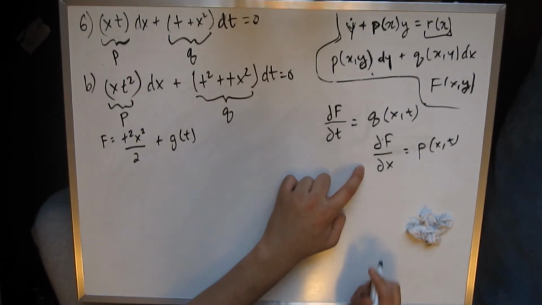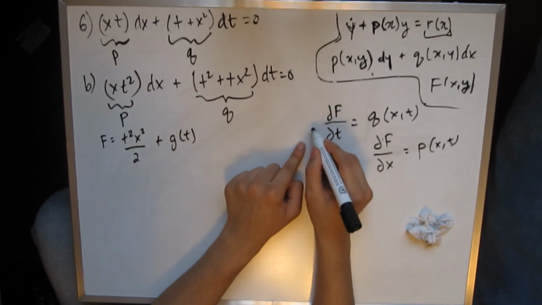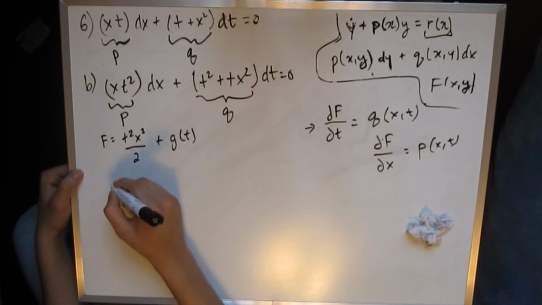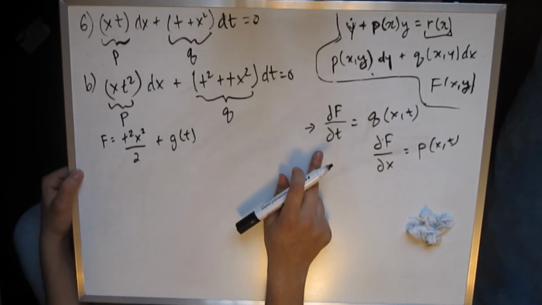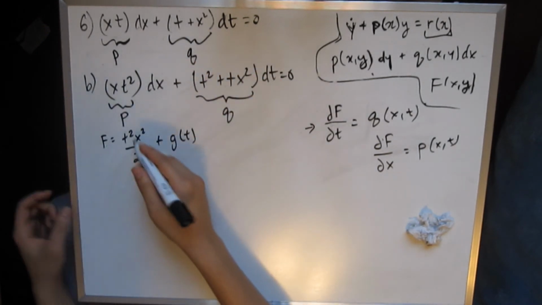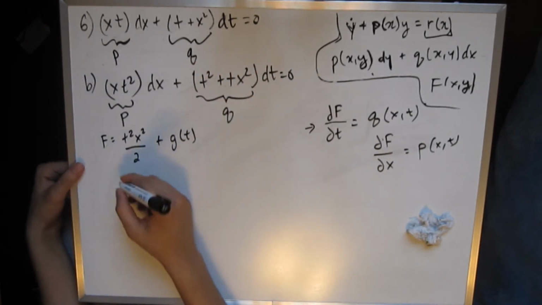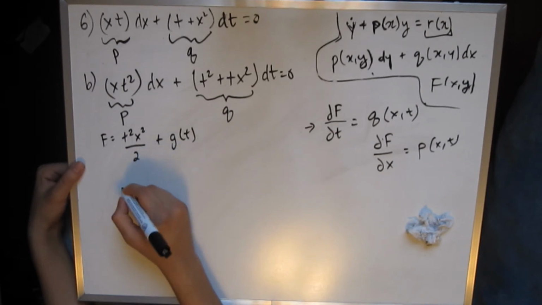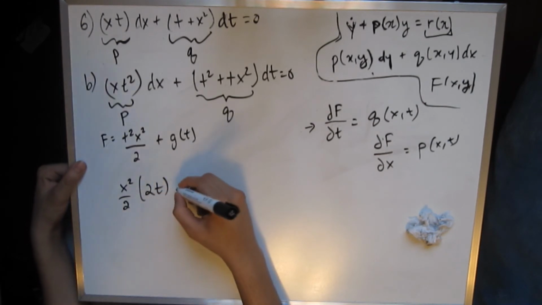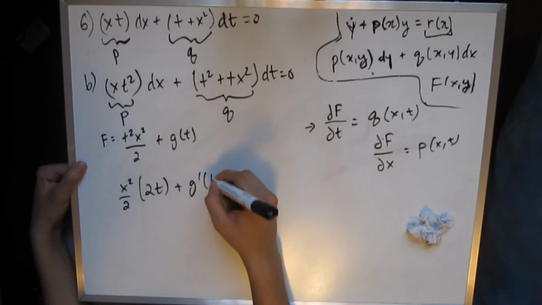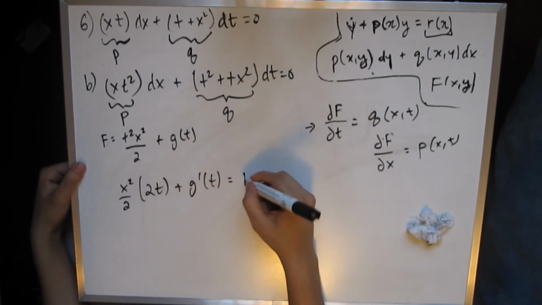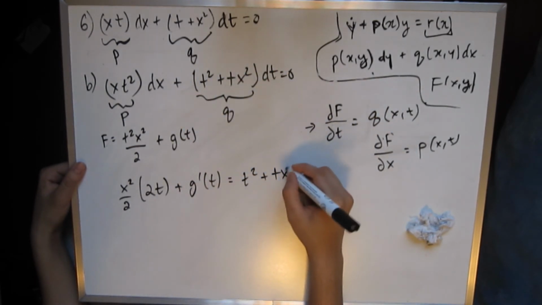So now we're going to use the second equation, which is this one in this case, to solve for g of t. So the derivative of f with respect to t is equal to this equation right here. If we derive that with respect to t, you're going to get x squared over 2 multiplied by 2t plus g prime of t is equal to Q, which is here, t squared plus tx squared.